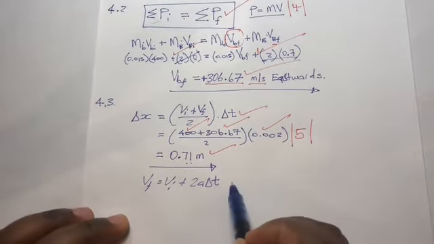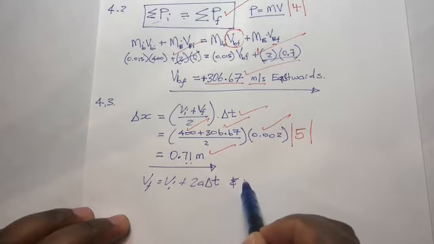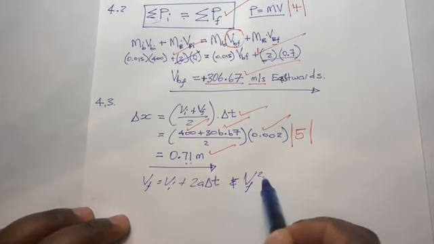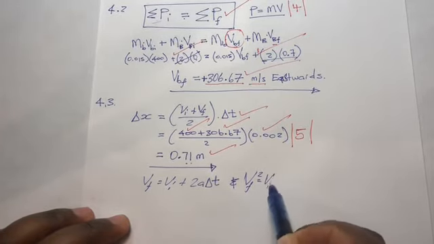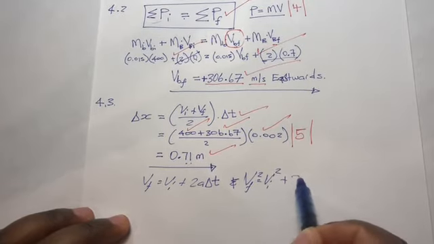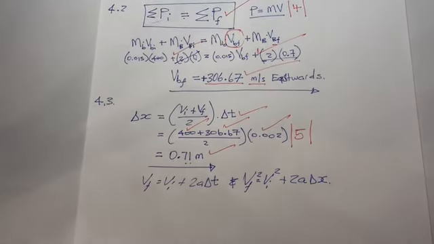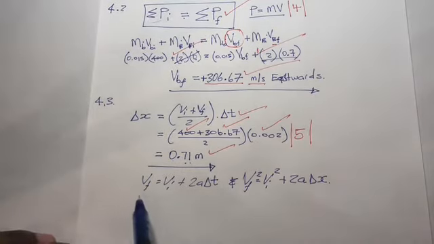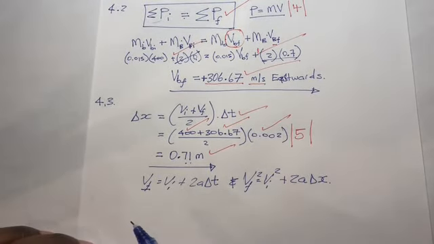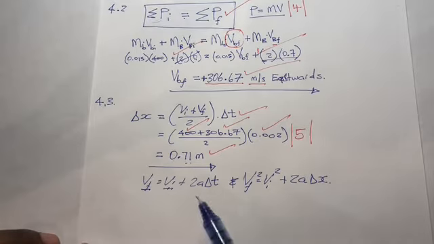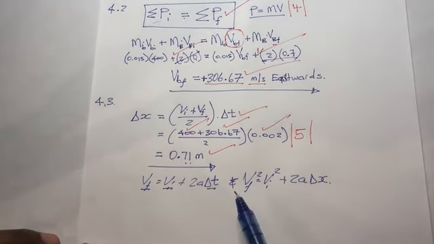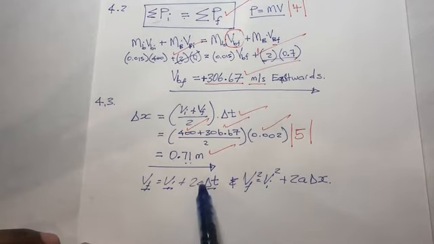And the second formula that you might need is V final squared equals V initial squared plus 2 acceleration times change in x. So guys, we have the final velocity of the bullet, we have the initial velocity of the bullet, and we're given the time it took to pass through the block. So you can use this formula to calculate the acceleration.